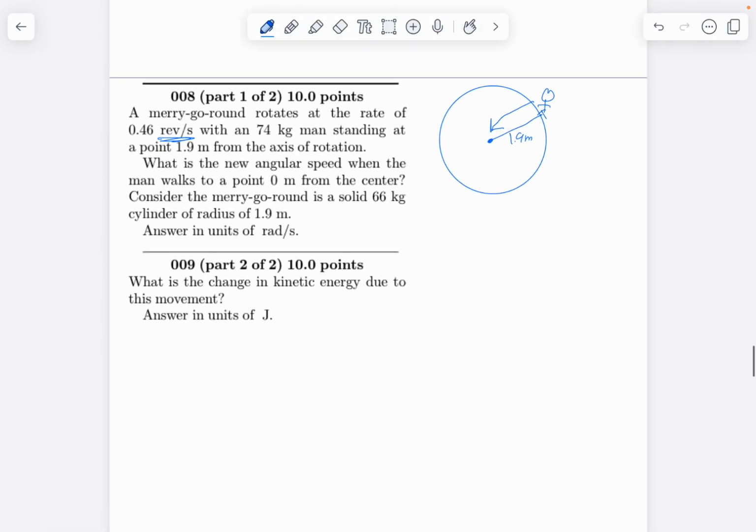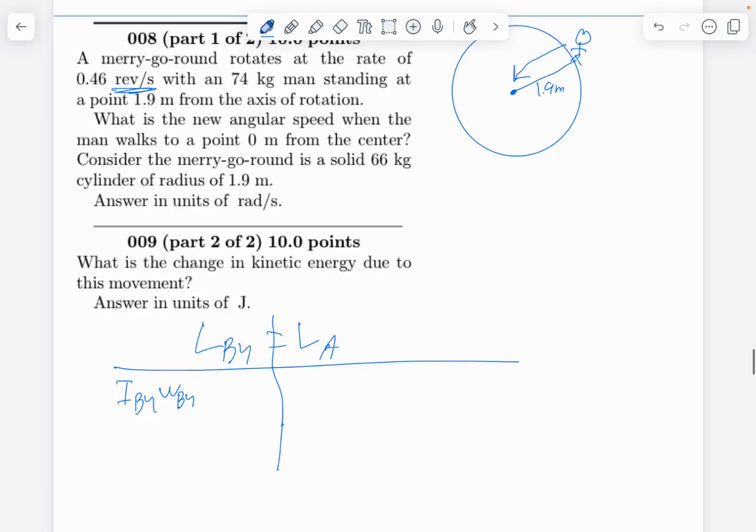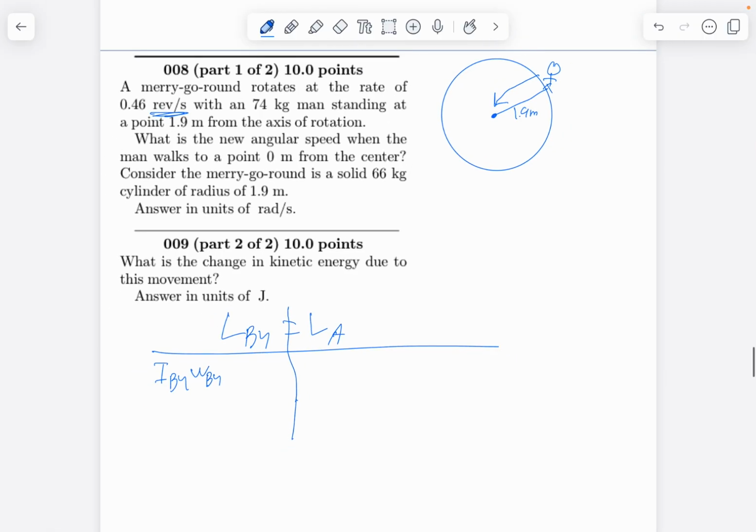So we'll do our before and after chart. L before is equal to L after. So L before is I before, omega before. So I before is now the merry-go-round plus the dude.